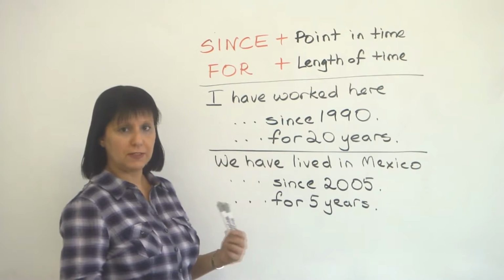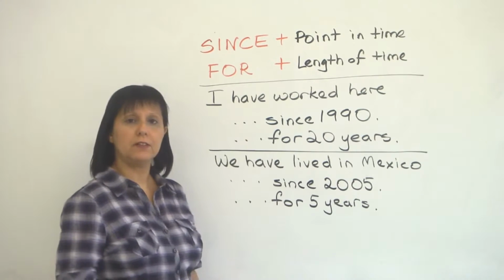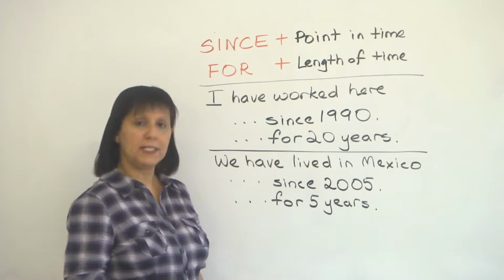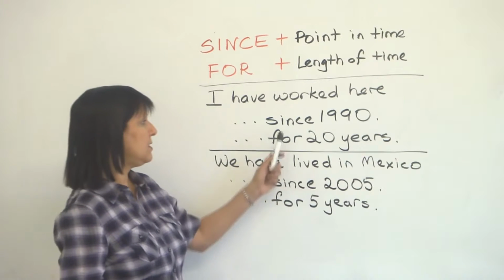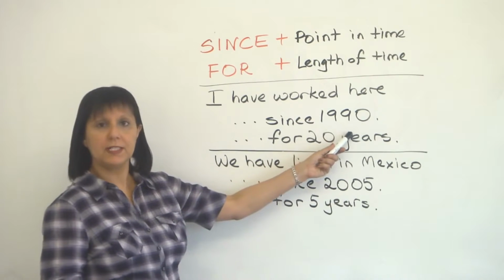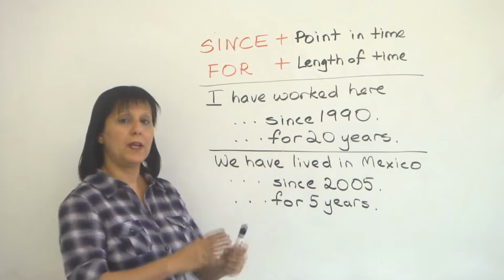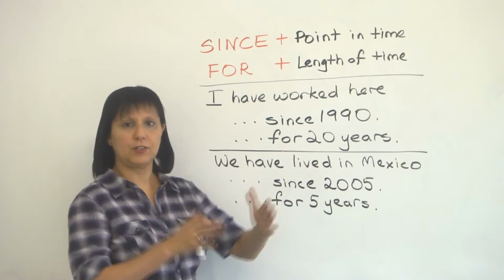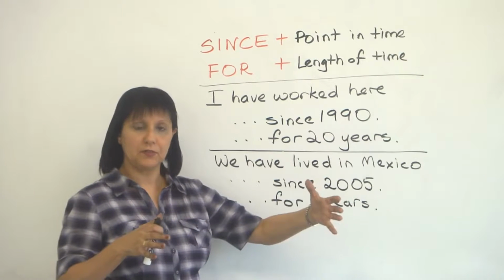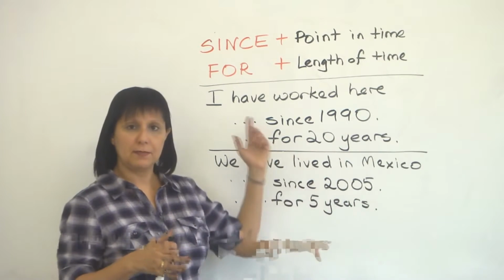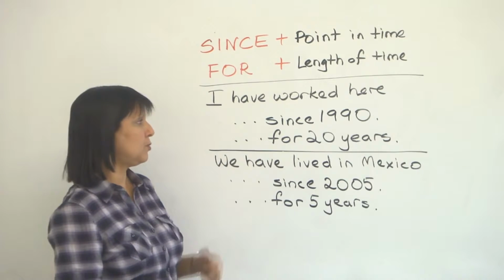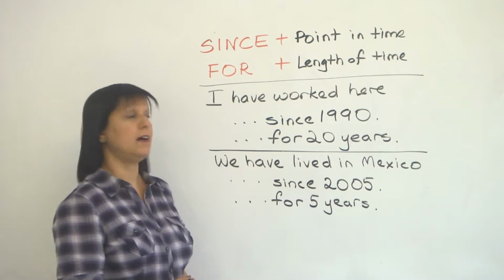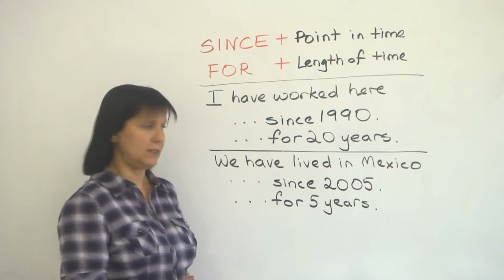Or if it's 2010, I have worked here for 20 years, right? You see, since plus the point in time, the beginning when that became true, and for plus the actual length of time or period of time that statement is true. So I have worked here since 1990, I have worked here for 20 years.